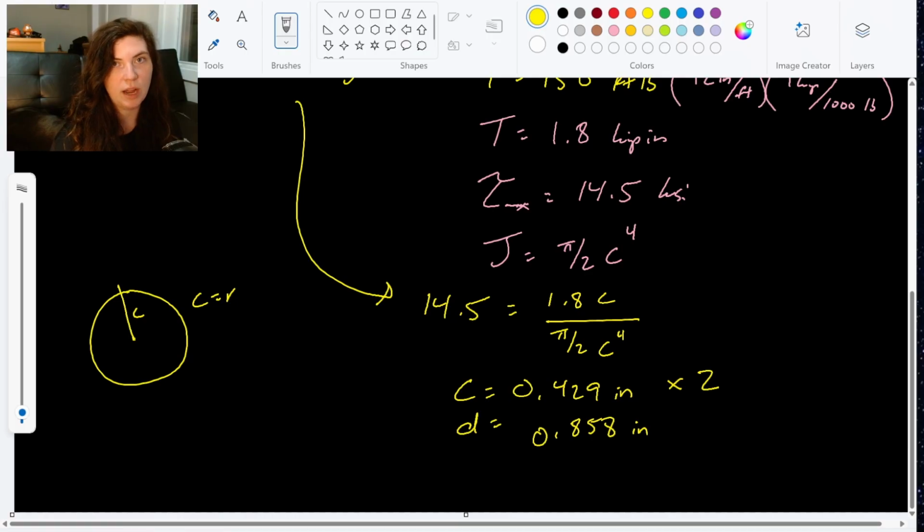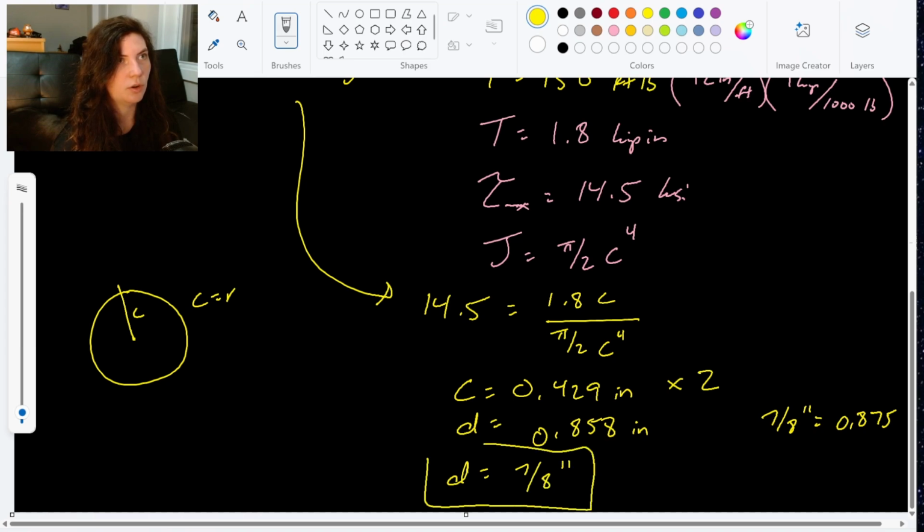So I have to round up to the next nearest 1/8 inch, which I believe is 7/8 of an inch. 7/8 of an inch is 0.875 inches. So my actual diameter, if I wanted to get this steel rod off the shop floor, go to Home Depot and buy myself a steel rod, I would buy myself a 7/8 inch steel rod.